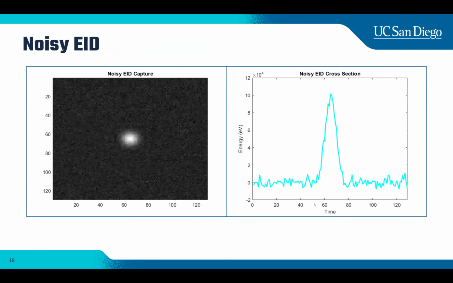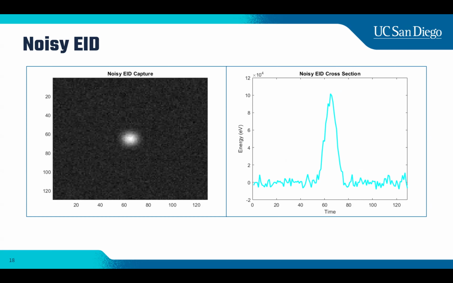But once you add noise, it gets a little difficult to differentiate these lower photon energies, roughly around the 60-50 time scale and the 80-85 time scale. It's much harder to differentiate what is noise from what is signal. As opposed to PCD, where you just look at the impulses and can very clearly see them, and the processing hardware can route those impulses to different counting bins, with EID it just integrates the whole thing, and you have to figure out how to get rid of the noise after the fact.